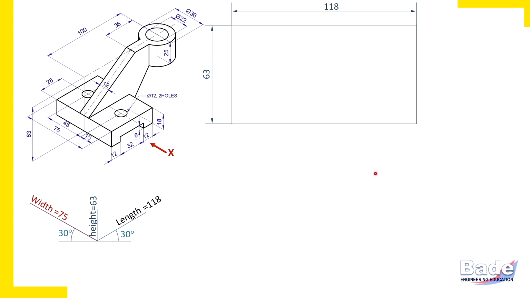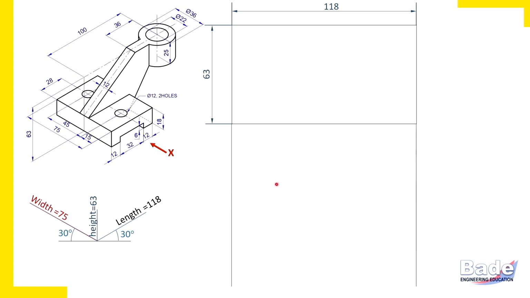Now we will draw a rectangular block in the top view. In the top view, we can see length 118 mm horizontally and width vertically. How much is the width of the object? 75 mm. Now don't measure length 118 mm independently. Project it from the front view to the top view.